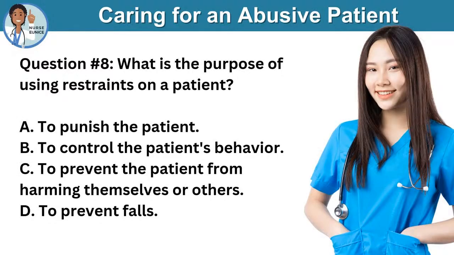Question number 8. What is the purpose of using restraints on a patient? Is it A, to punish the patient, B, to control the patient's behavior, C, to prevent the patient from harming themselves or others, or D, to prevent falls?